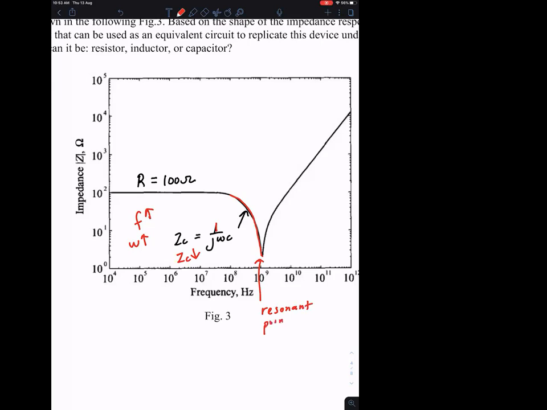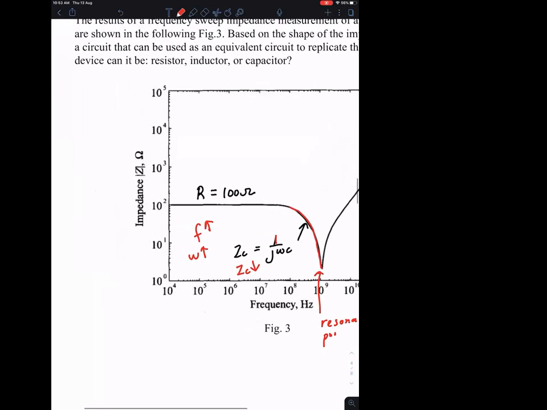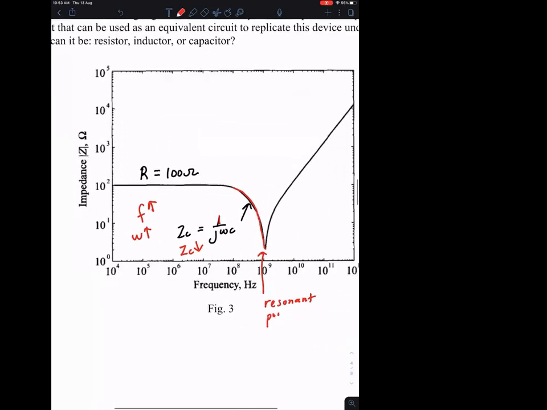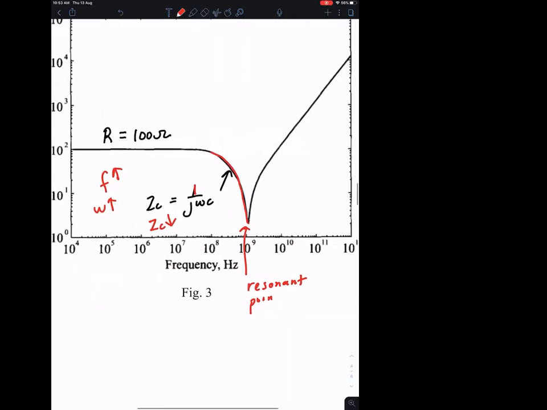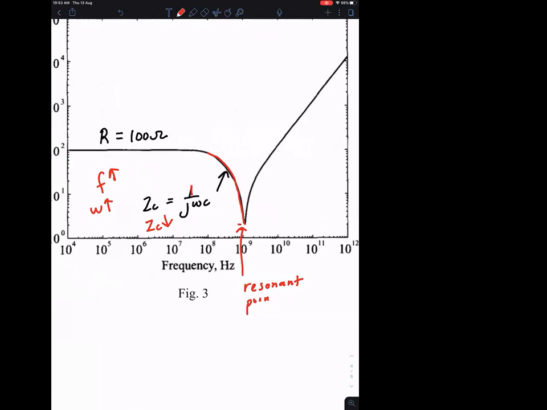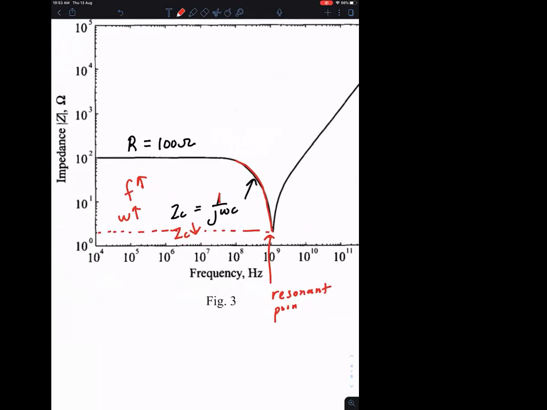At this point, you can see that it is purely real, the resistance, because at resonance it has some small resistance value, maybe around 1 ohm, maybe 2 ohms.